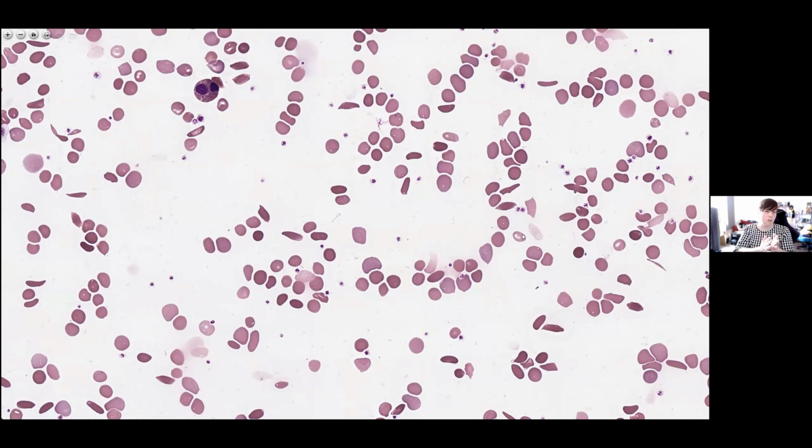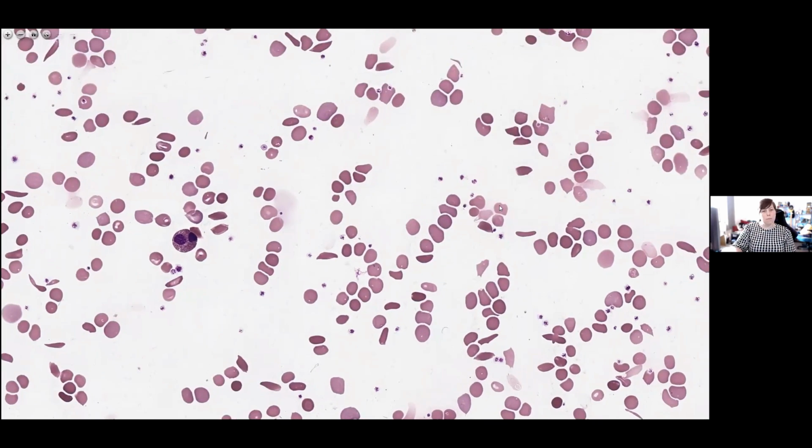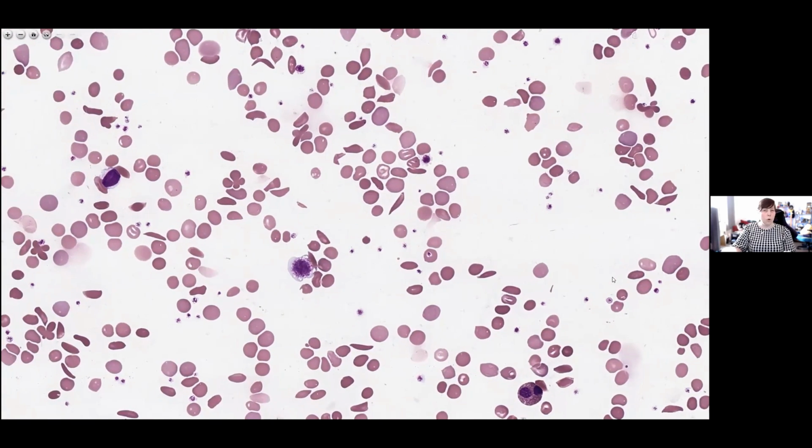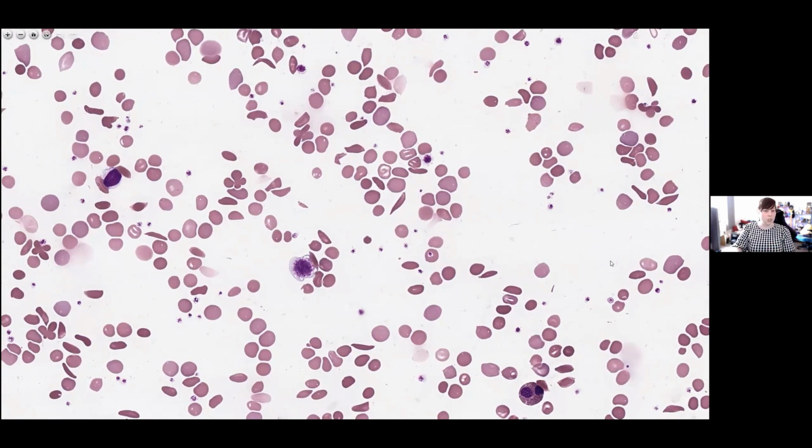With a sickle cell, you're looking at something which has elongated as the fibers have polymerized. And they usually have sharp edges, though, as we said before, the boat cells don't necessarily have completely sharp edges at the end. They're also what we would call hyperchromatic, so they should appear darker than the surrounding cells.